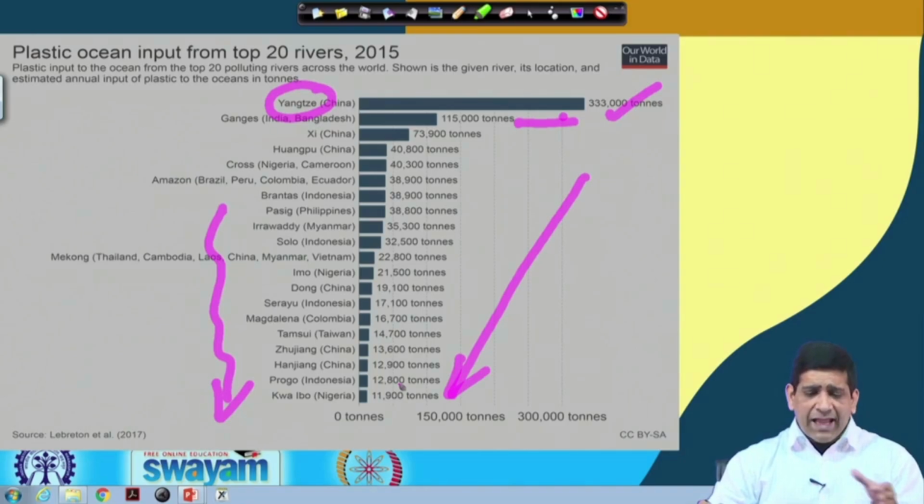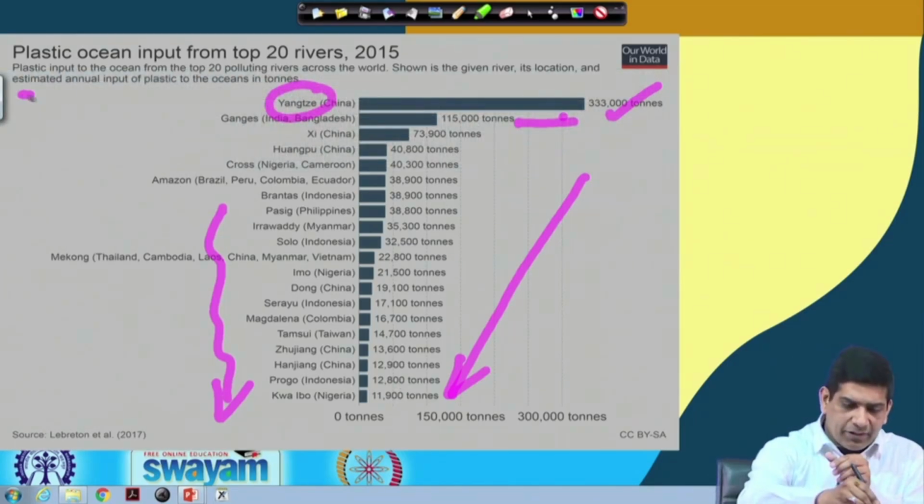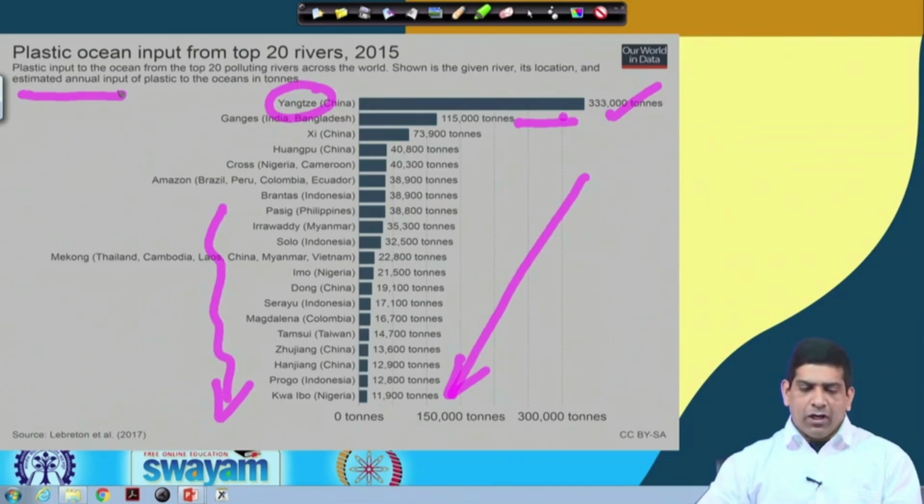So these are the 20 polluting rivers across the world, with the estimated amount. Again, this is an estimated annual input of plastic getting into the ocean, in tonnage, so it's in weight.